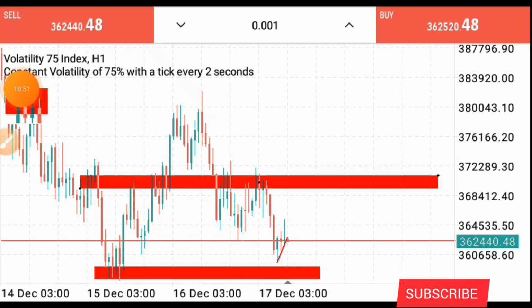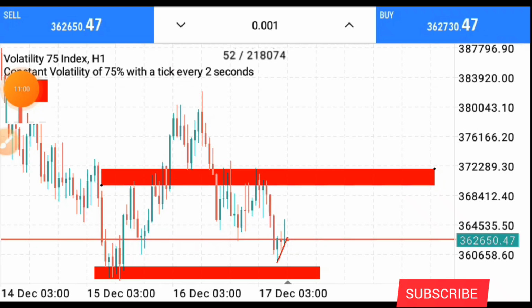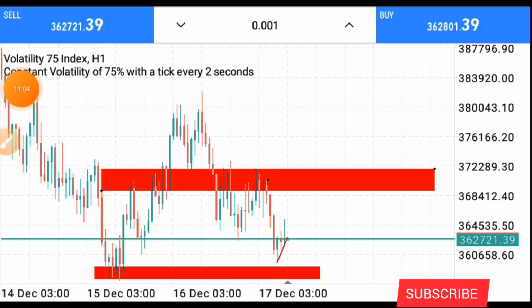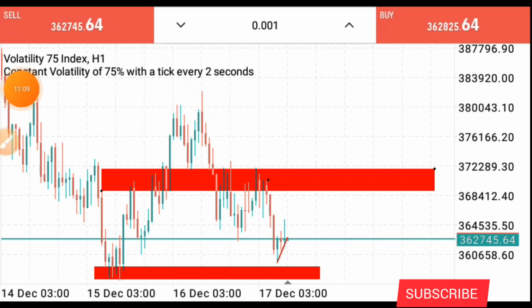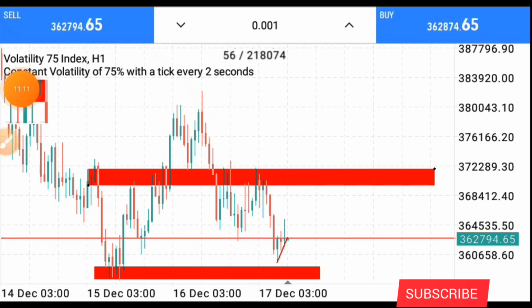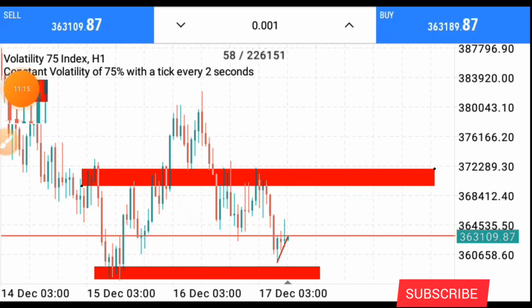I mark this place because I'm working with the most recent area of structure. I don't want to go too far, so I'm working with the most recent area of structure, which is this area right here, and you can see it's a confirmed support and resistance zone.